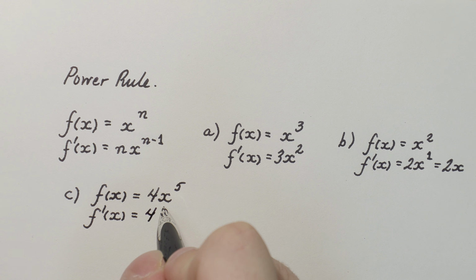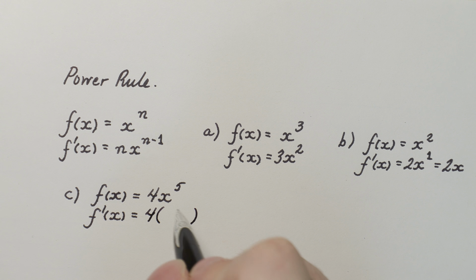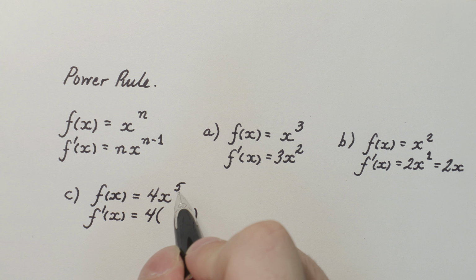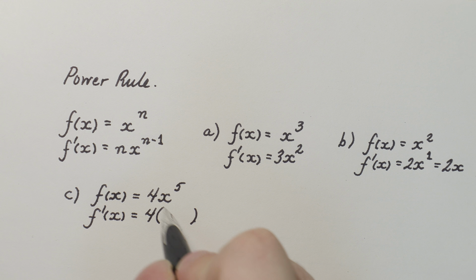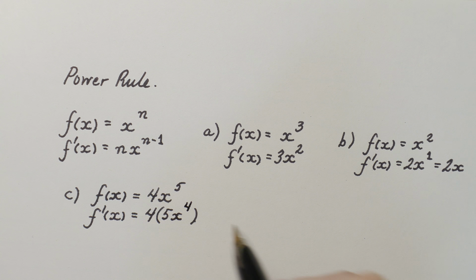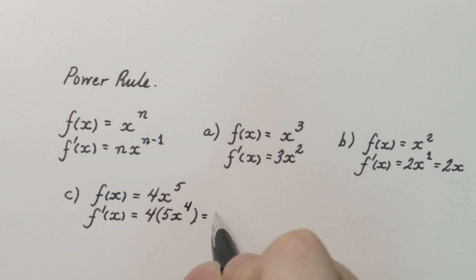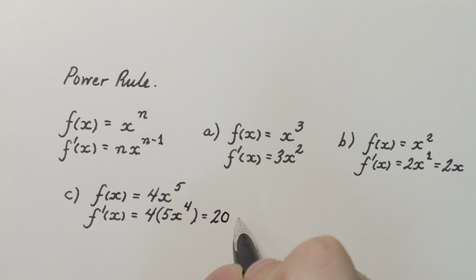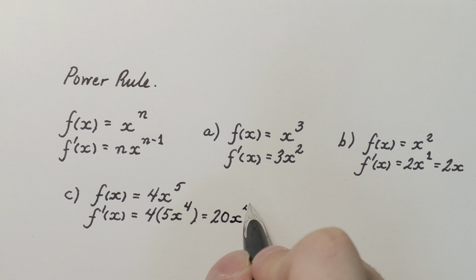So I leave the 4, and I take the derivative of x to the 5, and again it's the same rule. The exponent comes down in front, so I get 5 times x, and the exponent reduces by 1, so this becomes 4. So in the end I get 4 times 5 is 20, x to the 4th.